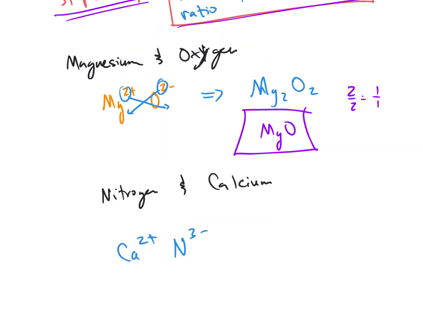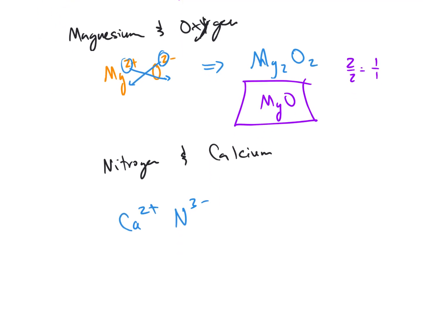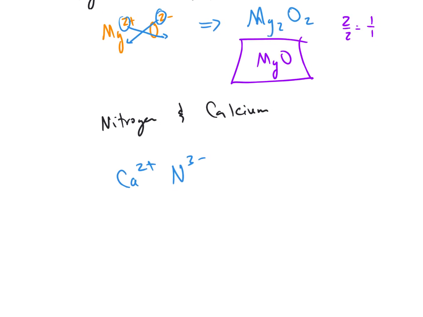Well, look at the steps. We wrote the cation first, the anion second, then we cross the charges, right? Y'all with me? That 3 goes down here, and this 2 goes down here, making it Ca3N2. And what's our last step?